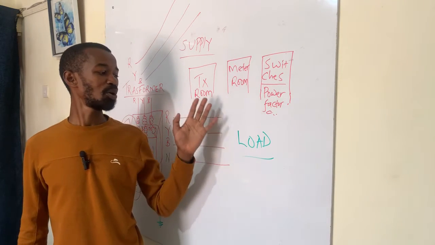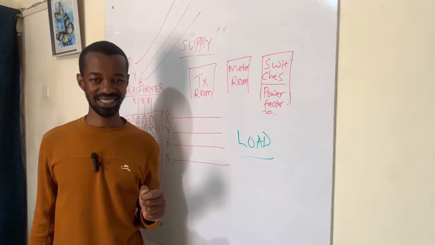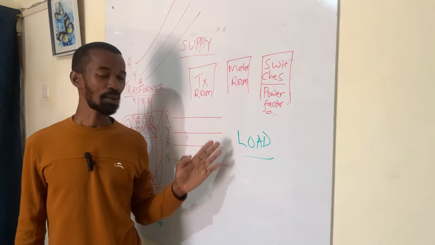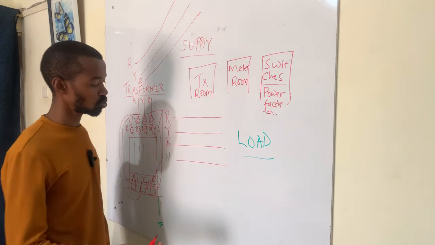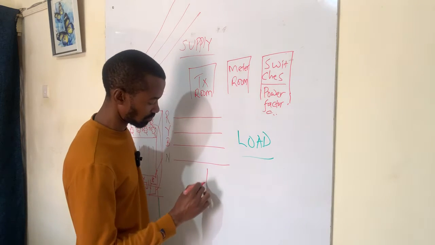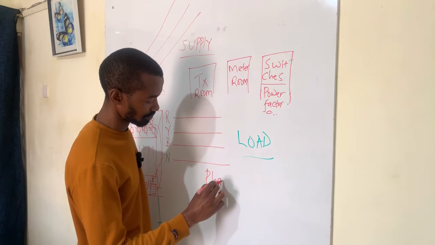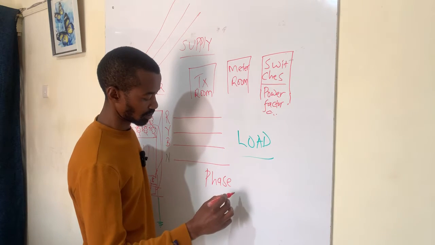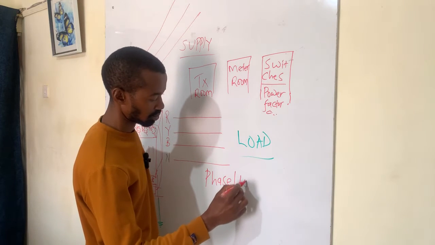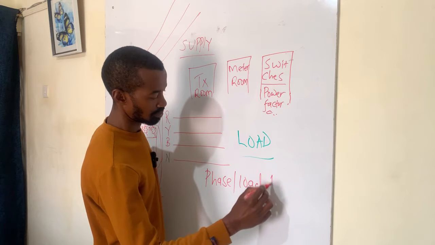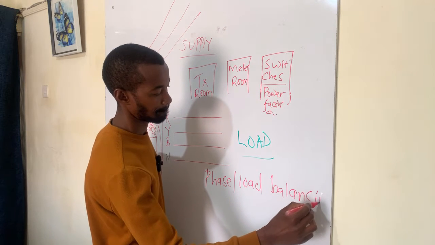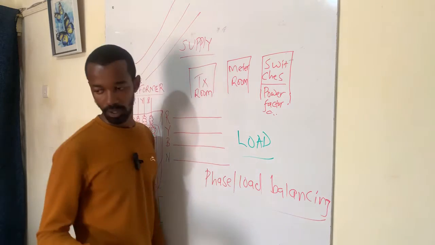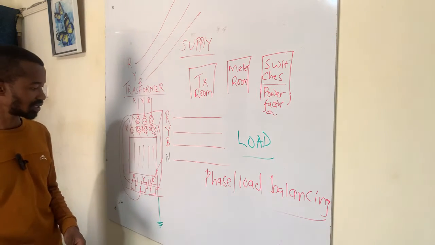We'll be talking about load balancing or phase balancing. There is a lot that we will be able to learn. So we will learn more when it comes to that.